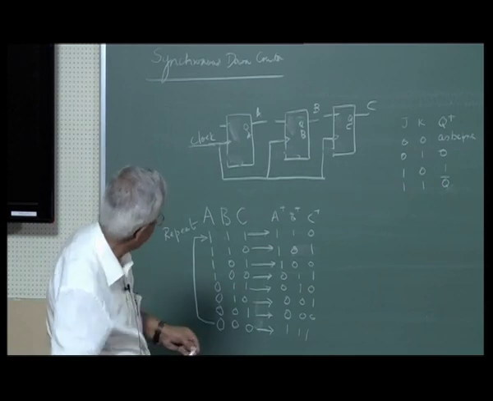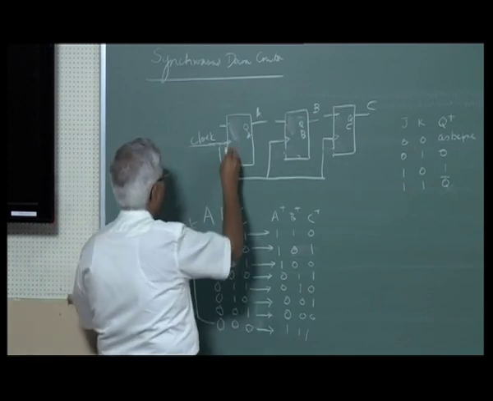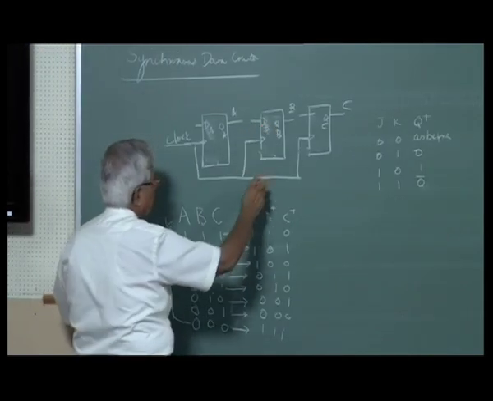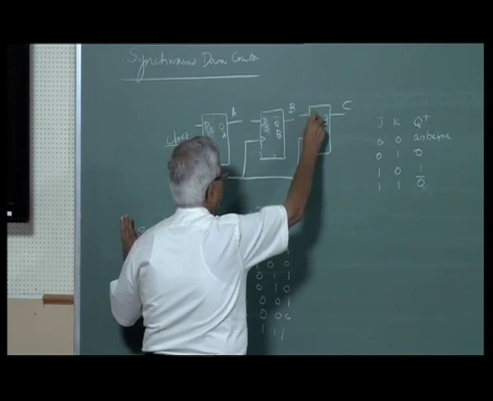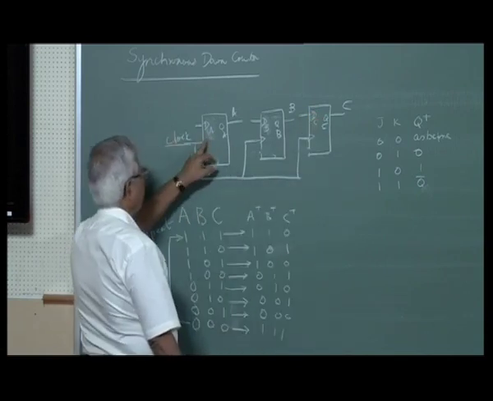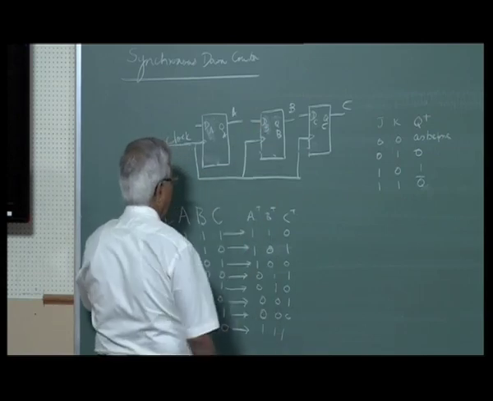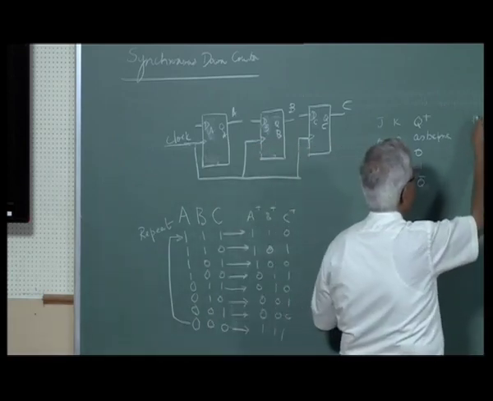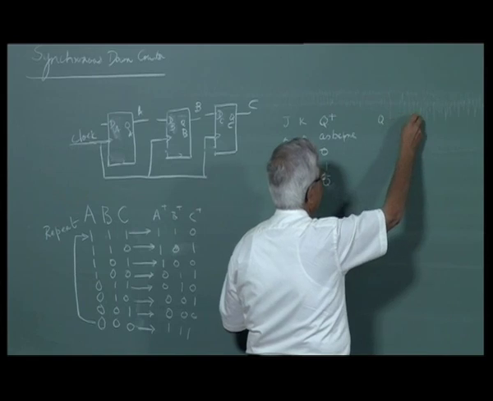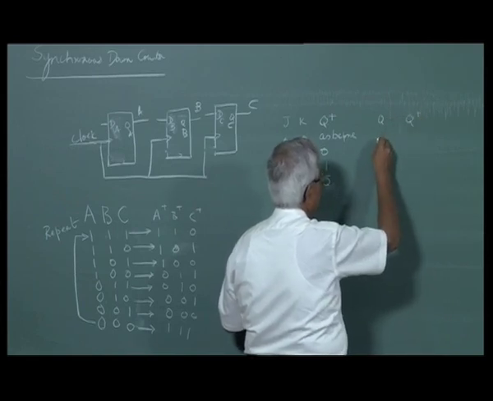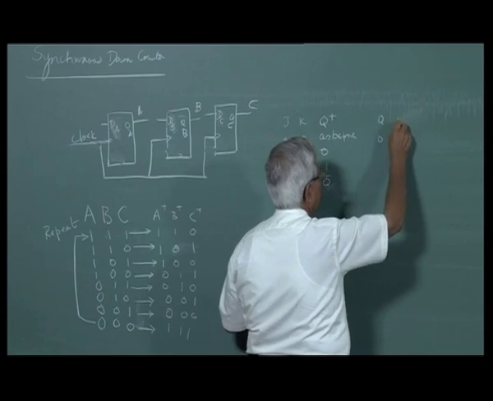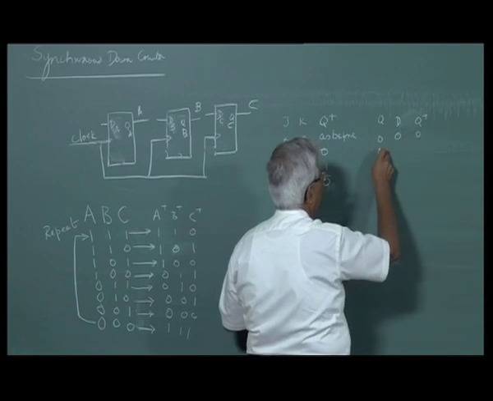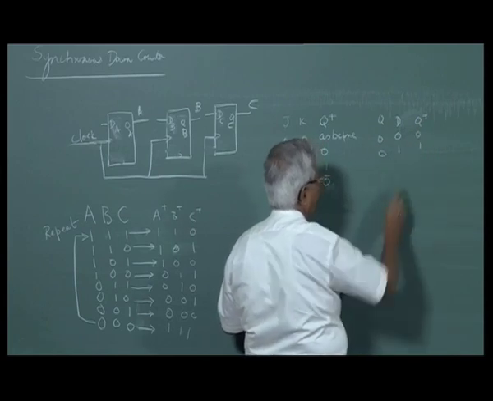I will call the inputs DA, DB, DC: D input of A, D input of B, D input of C. Now we know that in a D flip flop, if D is 0, next state will be 0; if D is 1, the Q plus will be 1.